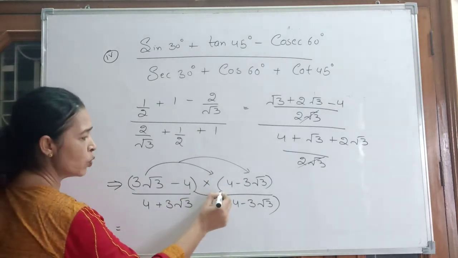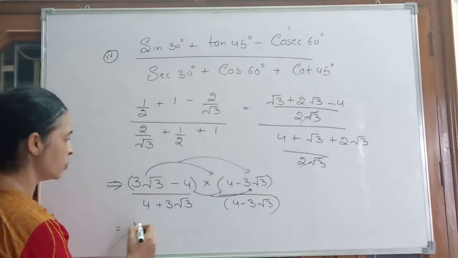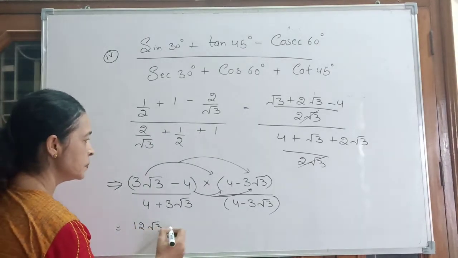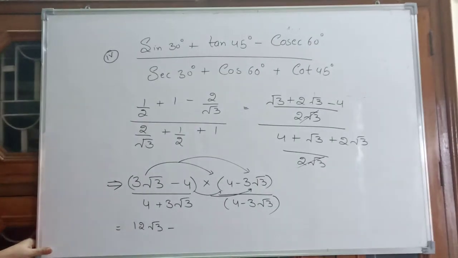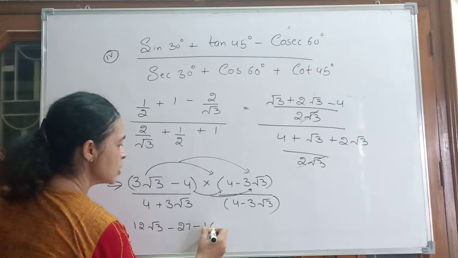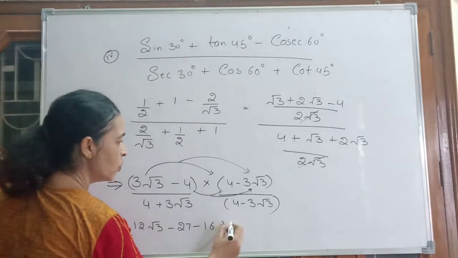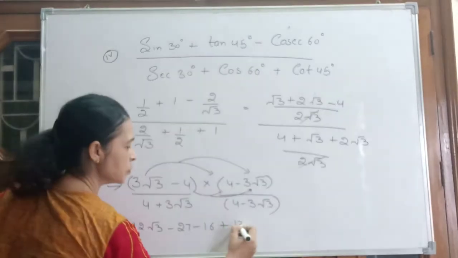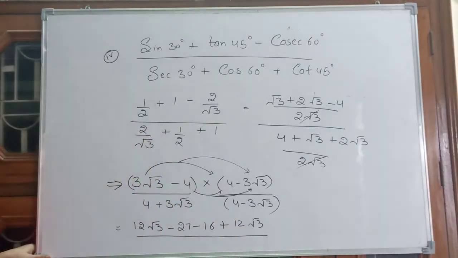Then we multiply 4 with this and with this. 3 root 3 into 4, 12 root 3 minus 3 root 3 into 3 root 3, 27 minus 4 into 4, 16 plus 4 3s are 12 root 3.